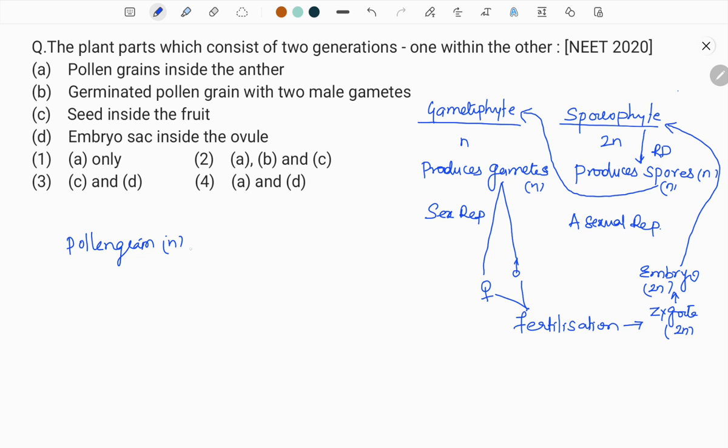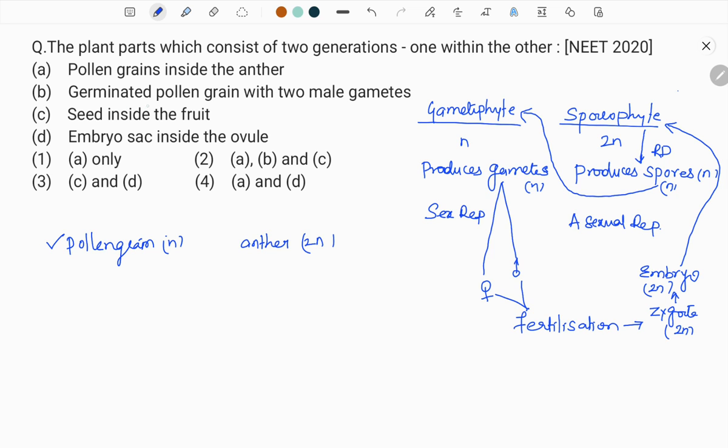And anther, that is stamen, contains sporogenous tissue, anther wall, like outer epidermis, endothecium, middle layers, tapetum, the connective, anther filament, all that are diploid. So here pollen grain is present in anther, that is haploid is present in diploid structure, that is gametophyte is present in the sporophyte structure. So this is very much correct.